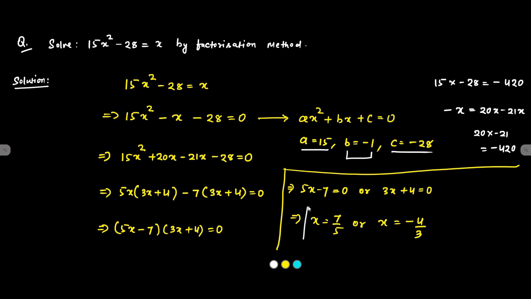So these are the two possible solutions. x is equal to 7 by 5, or x is equal to minus 4 by 3. So again, same principle: proper format of the quadratic equation, splitting of the middle term according to the product of the two extreme terms, then factorization, and then writing the roots of the quadratic equation, equating both of the factors to 0.